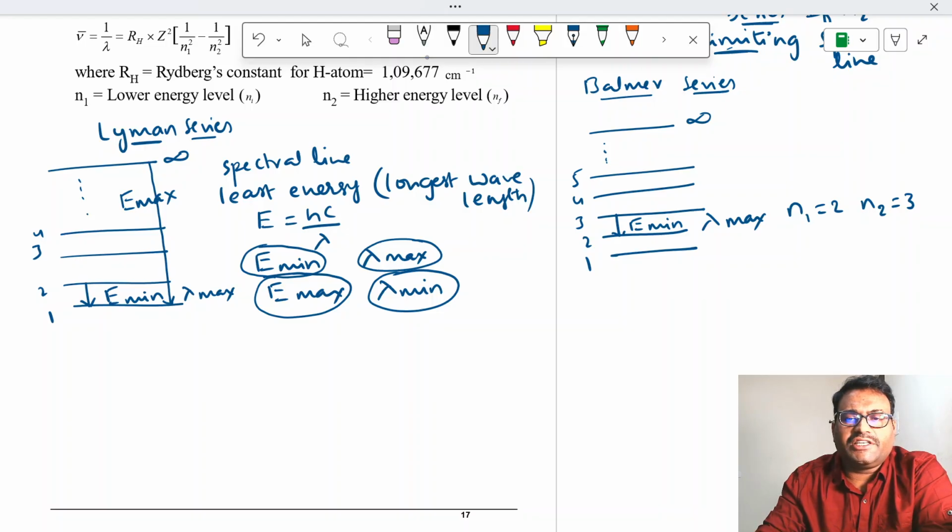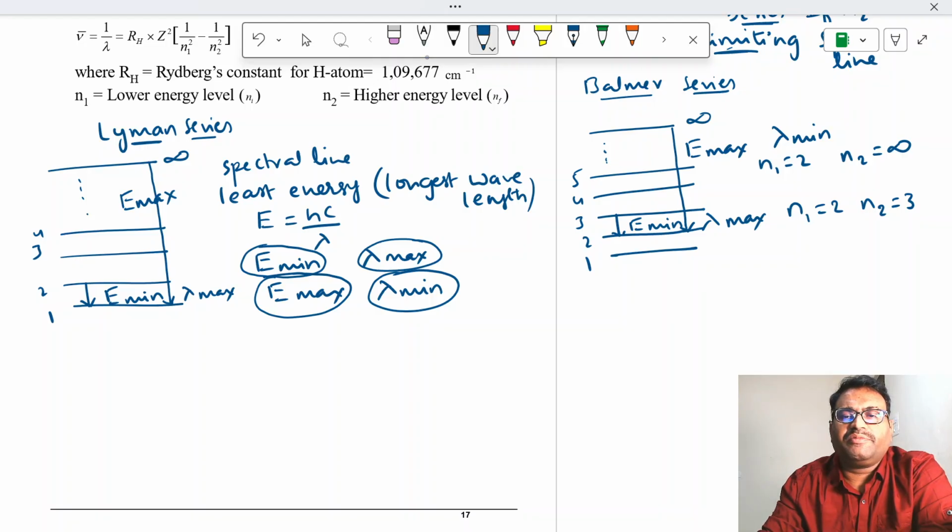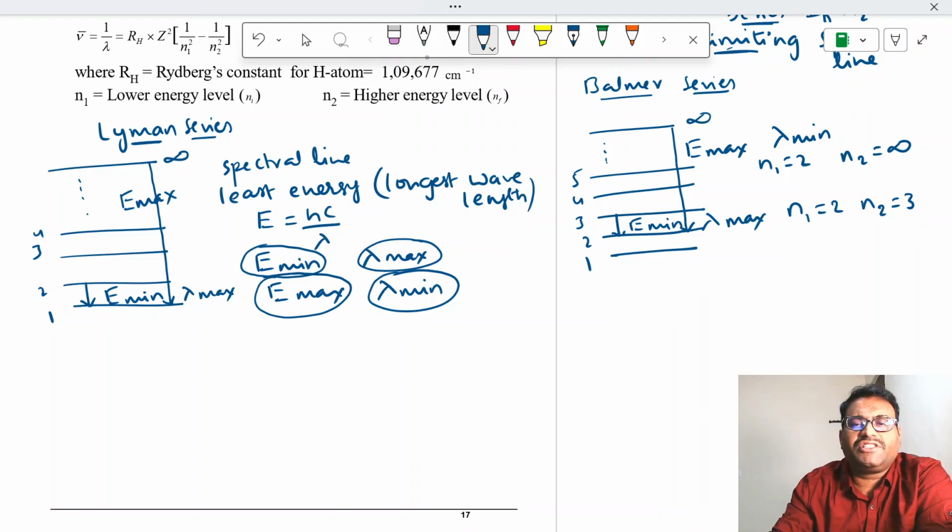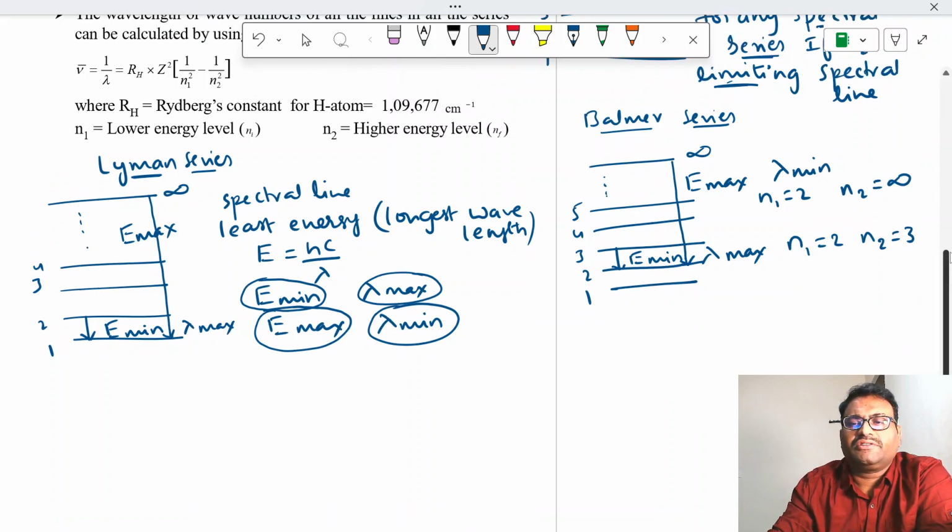If the electron de-excites from infinity to the second energy level, then that will have energy maximum, wavelength minimum. That means N1 is equal to 2, N2 is infinity. So the maximum energy spectral line will be the least wavelength spectral line, and the minimum energy spectral line will have the maximum wavelength. The same applies to every series of spectral lines.